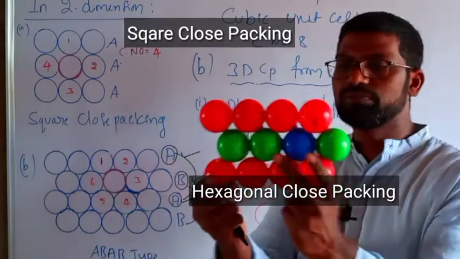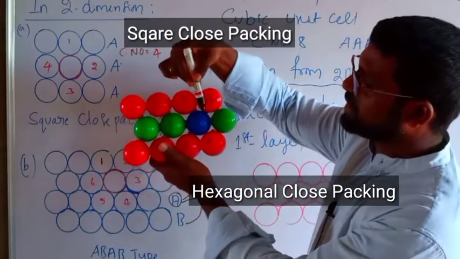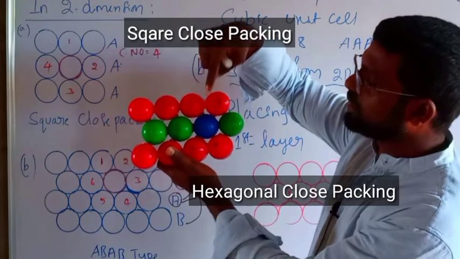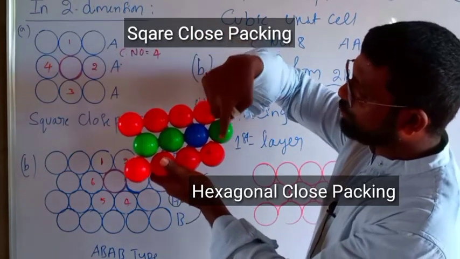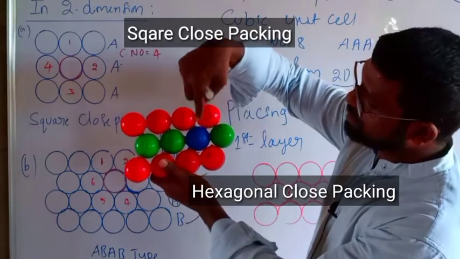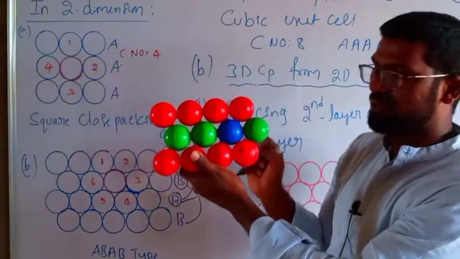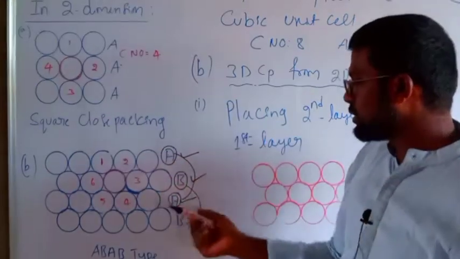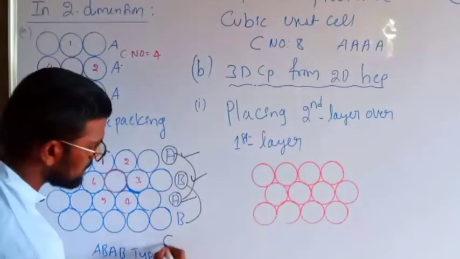If you consider any one particle, suppose this particle which is represented with blue color, it is in contact with 1, 2, 3, 4, 5, 6. So this is in contact with these 6 spheres. Okay, understood?